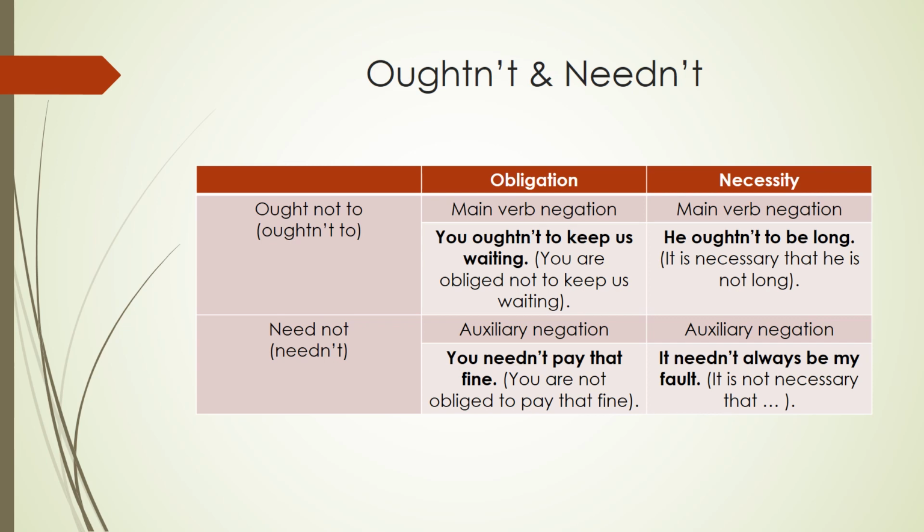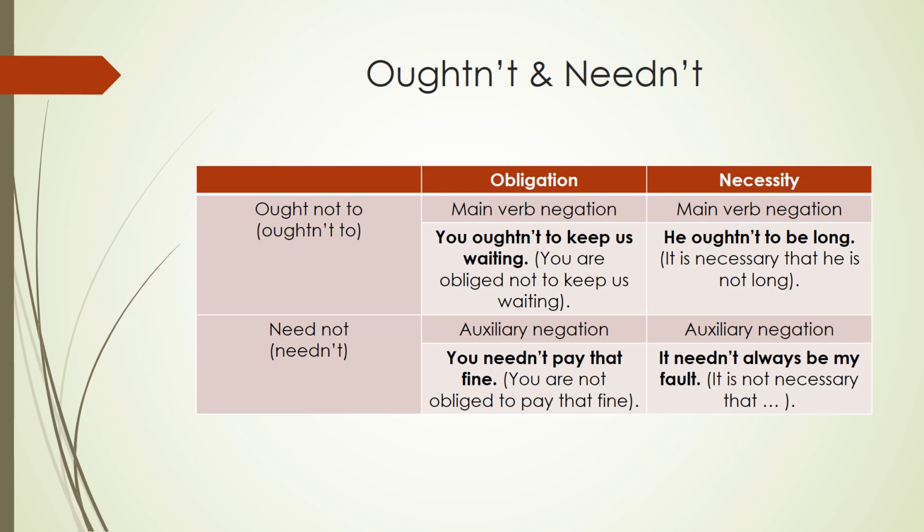Okay, again, we can use need to express what? To express necessity. So again, when you are using need as a modal auxiliary to express necessity and you negate such a sentence, the need is going to be included within the scope of negation. It is going to have a negative meaning.